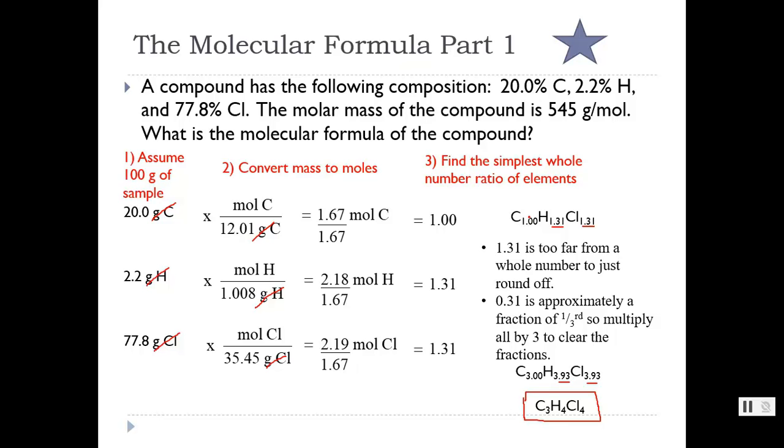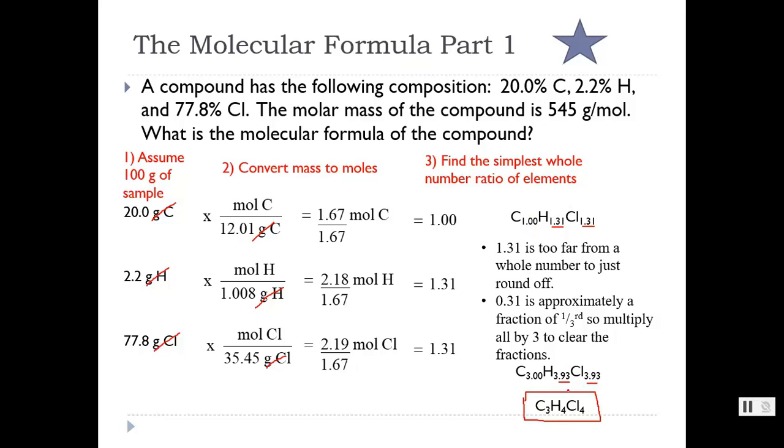Just think about the reason why we do that in the following way. If you add 2 to one side of an equation, you have to add 2 to the other side of the equation. Whatever you multiply one subscript number by to get it to be a whole number, you got to do it to all of them.